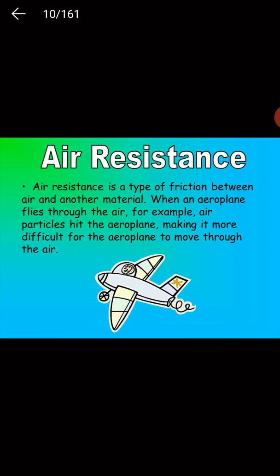That is why fuel and a lot of energy is needed for the aeroplane. Air resistance acts in opposite direction to the motion of the object. Here in this image, the aeroplane is moving to the left, so air resistance will act in the opposite direction. It will be towards the right.